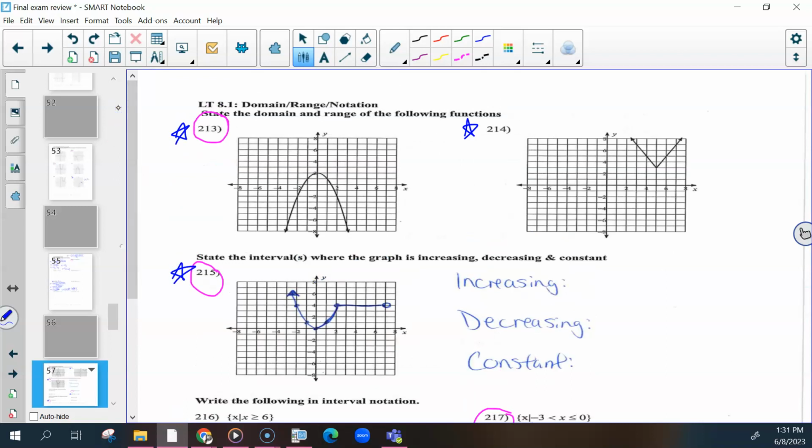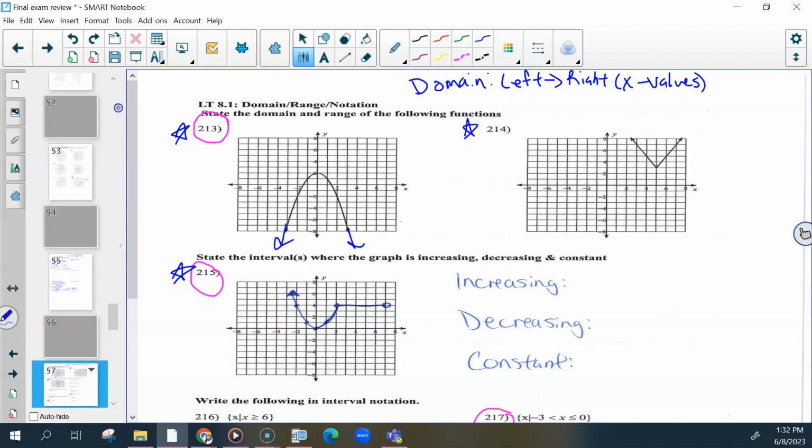So 213, 214, we're trying to find the domain and range. Put a side note up here. Domain, you're looking left to right, x values. So for 213, furthest left to furthest right, because of the arrows, it's going to keep going off the graph, down and slightly left, and down and slightly right.